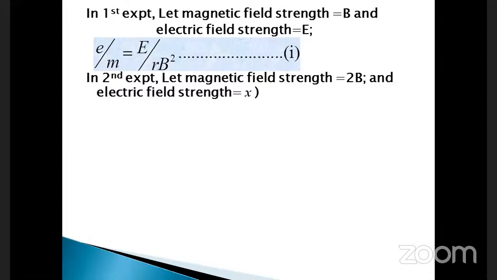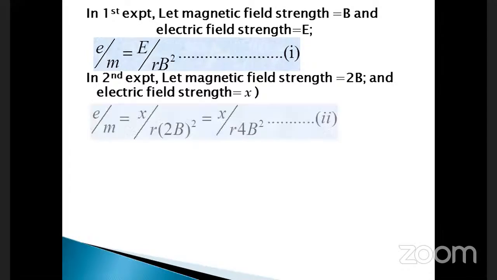So let's assume that the electric field strength is X. So what we have there is E over M will now be whatever the electric field strength over this.